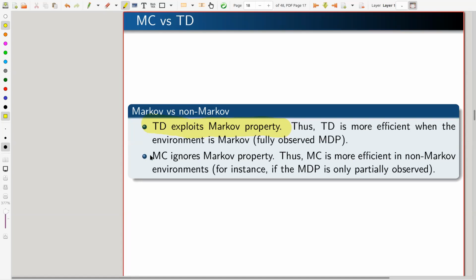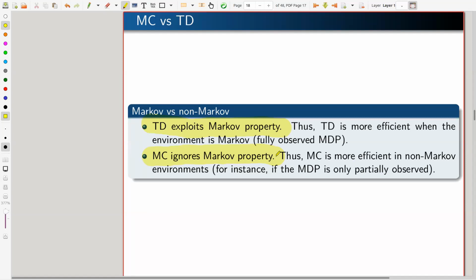And Monte Carlo, on the other hand, just ignores completely the Markovian property of the model, because when I do an episode, I don't care whether it is Markovian or not. I'm just evaluating the value of this state, going up to the true end, and I will see the true outcome.